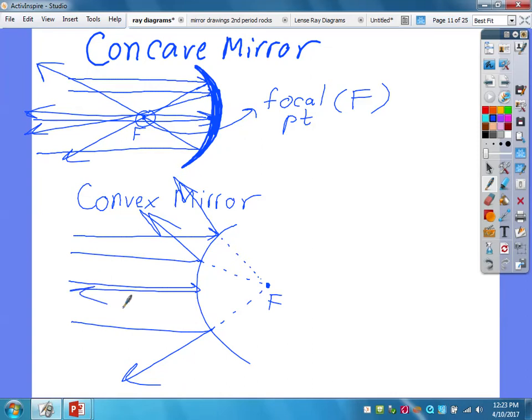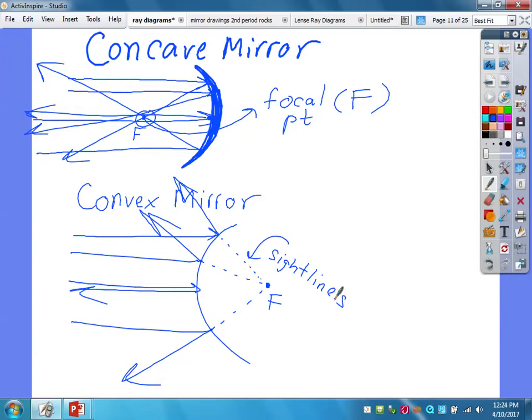This is where we're going to make more sense of real light versus sight lines. What I'm drawing over here are the sight lines, basically how your eyes and brain focus that light on the opposite side of the mirror and hopefully create an image out of it.